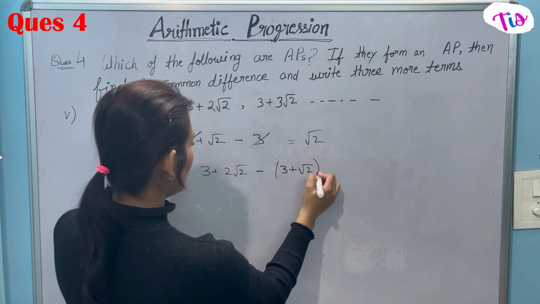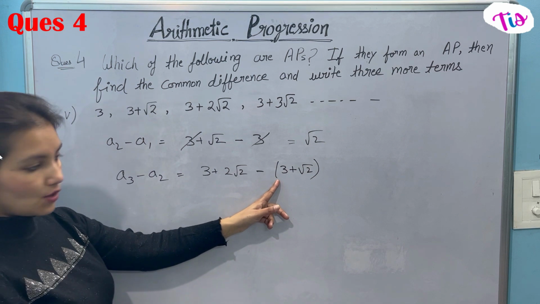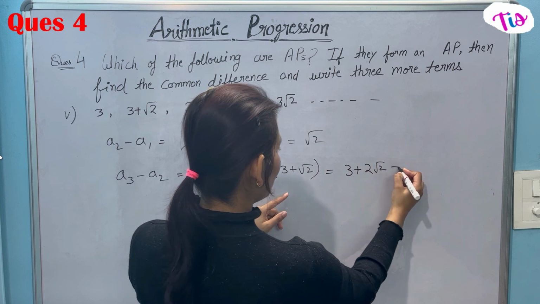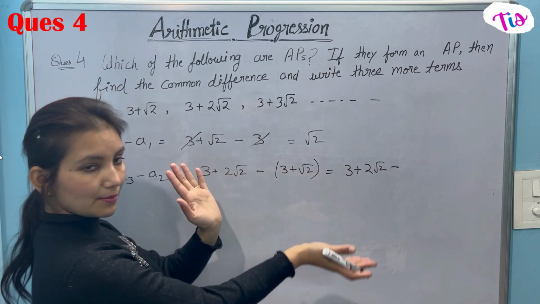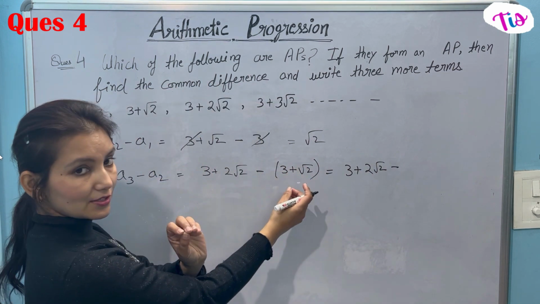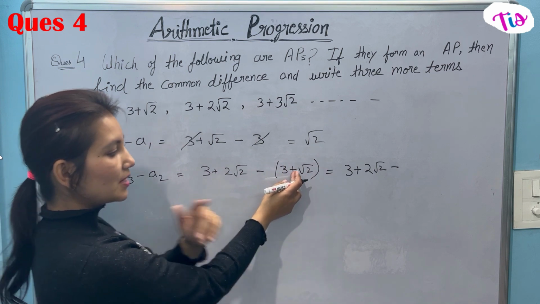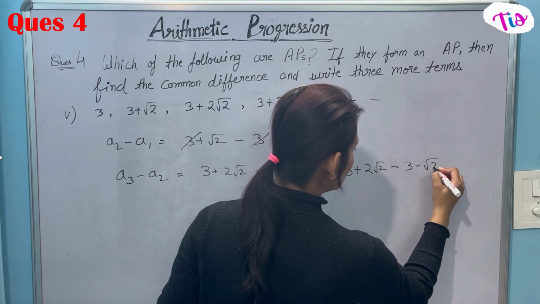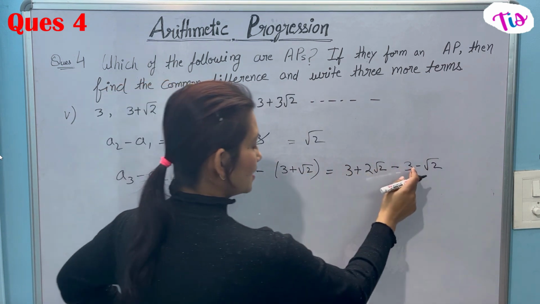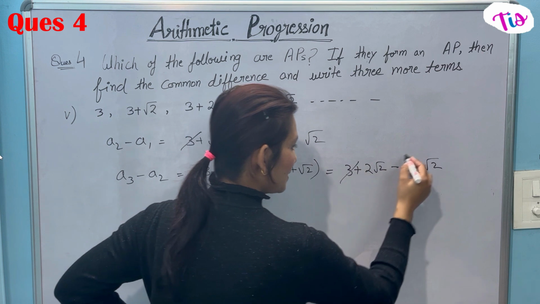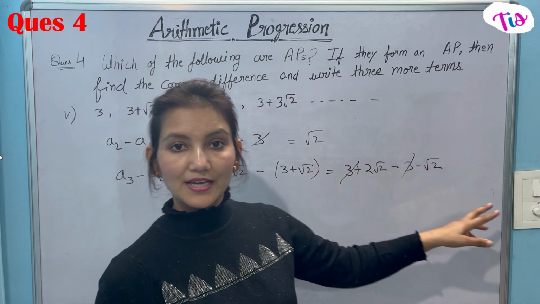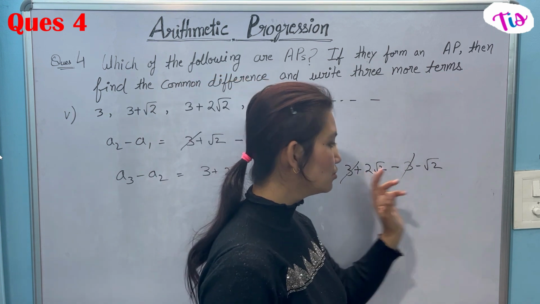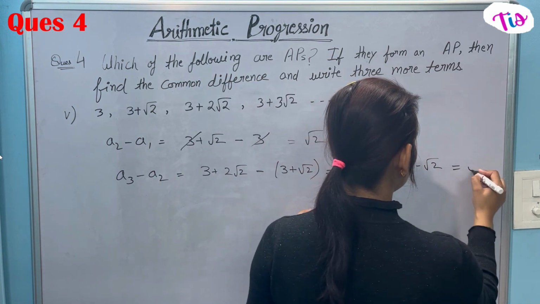Once you open the bracket, the sign inside the bracket will change, so plus will become minus: minus 3 minus root 2. Now 3 minus 3 will get cancelled out, and 2 root 2 minus root 2 is root 2, single root 2.